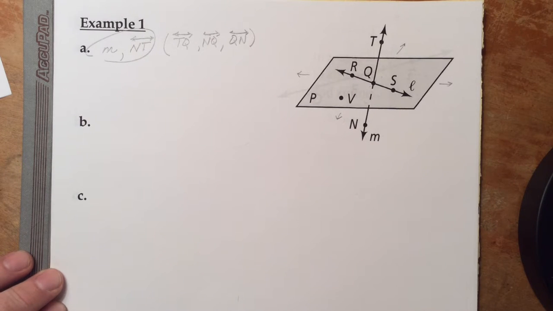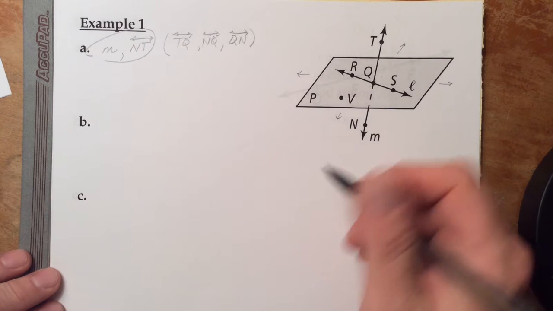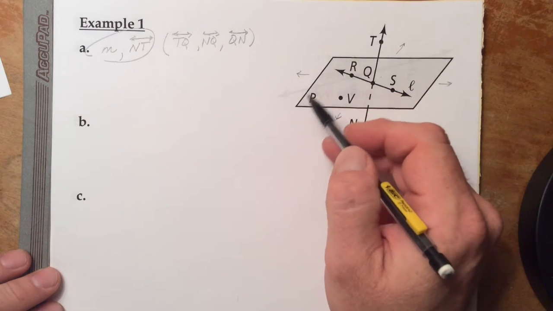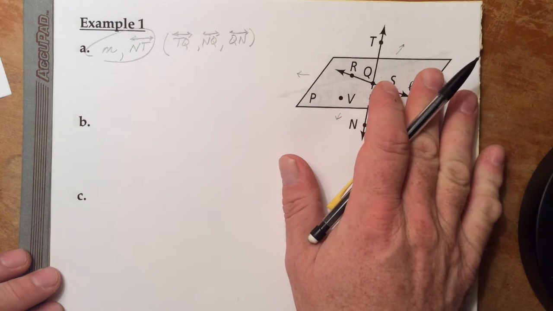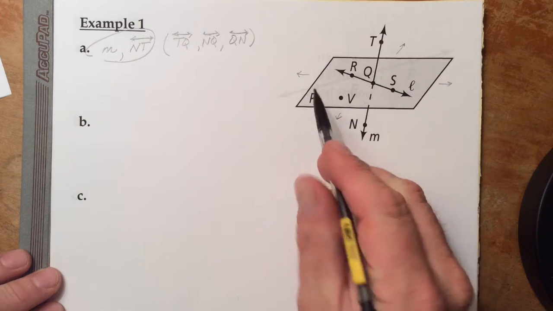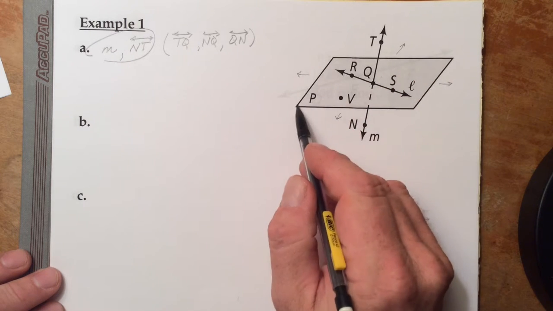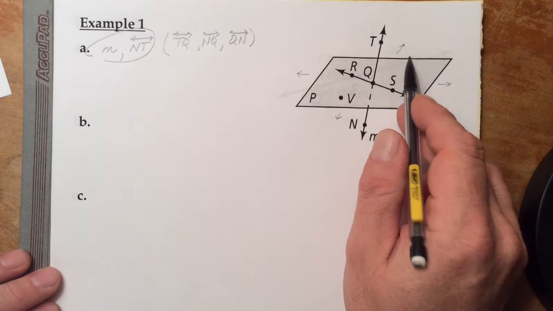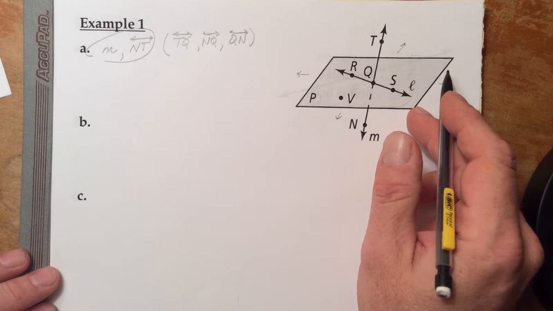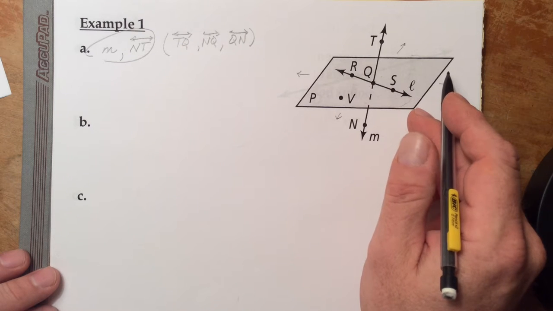Part B. What are two other ways to name plane P? Plane P is the only plane pictured here. That doesn't mean there are not other planes in the space. It's just that it's the only plane that's drawn or pictured. Plane P. One other way we can name planes is by using at least 3 non-collinear points.